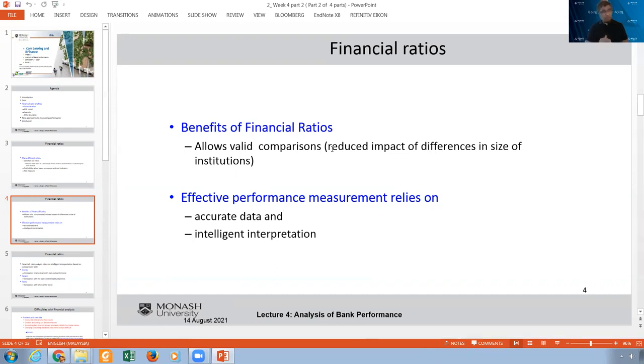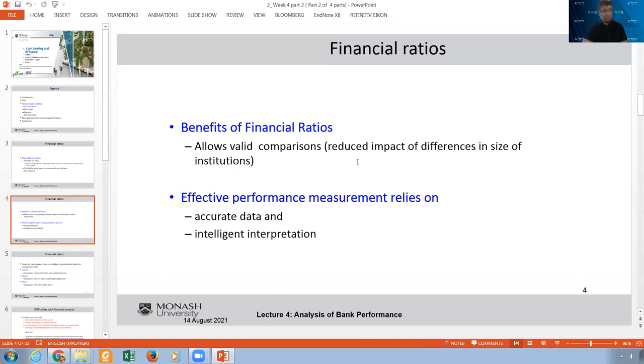You will find the ratio for the small bank, and for the big bank you'll find the ratio. Now you are allowed to compare between them. Size is actually reduced or omitted in this ratio process. So this is one of the most important things about ratios.